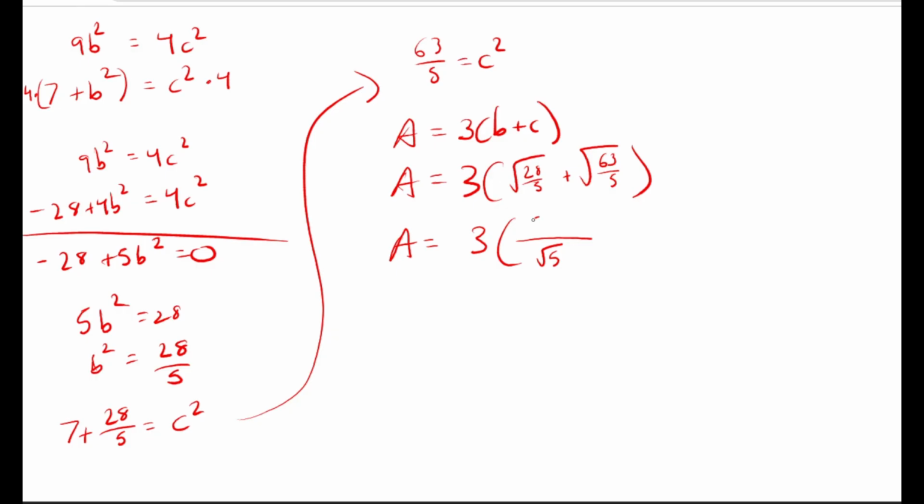So 2 root 7 plus 3 root 7 is 5 root 7. And 5 divided by root 5 is root 5, right? Or you can multiply numerator and denominator by root 5 and rationalize that way. But yeah, then we get our answer is 3 root 35, root 5 times root 7.